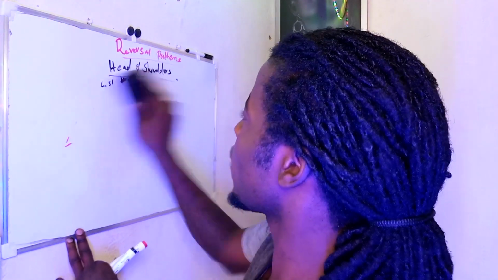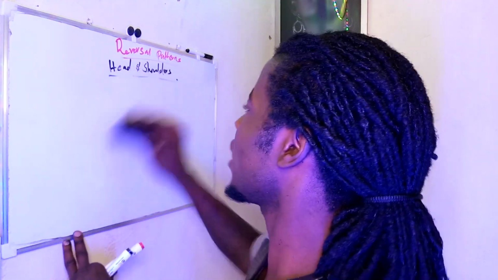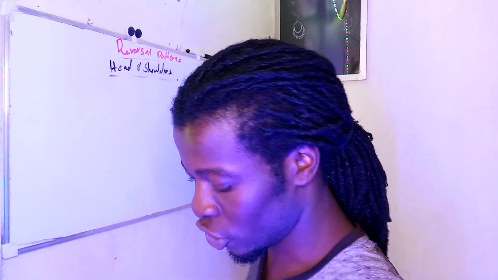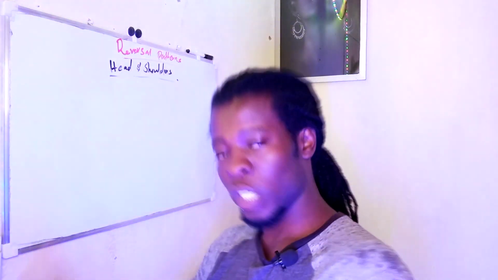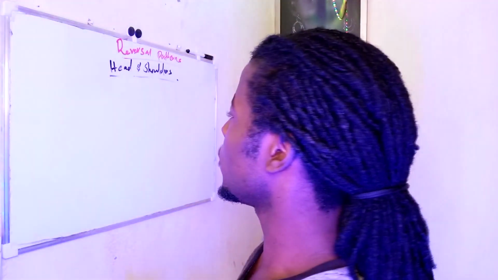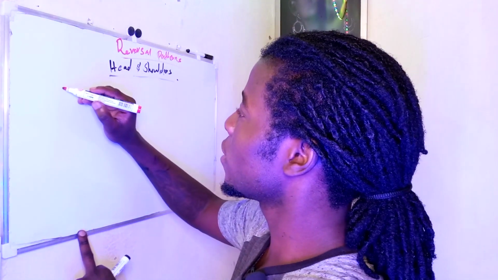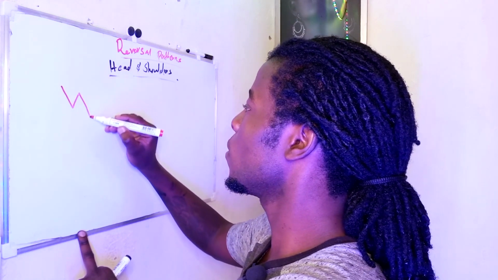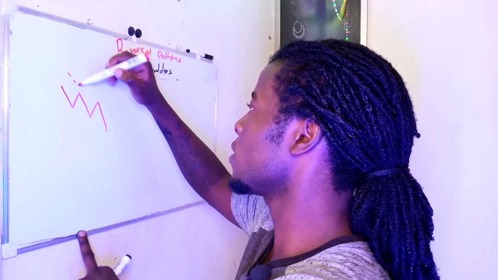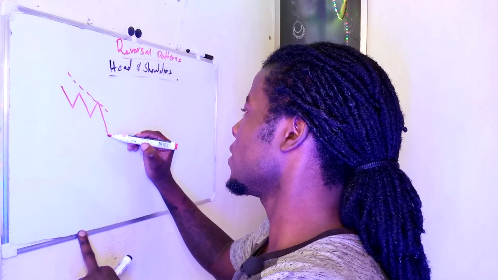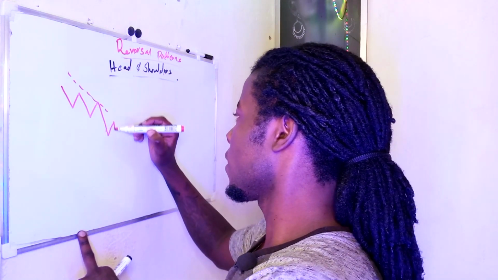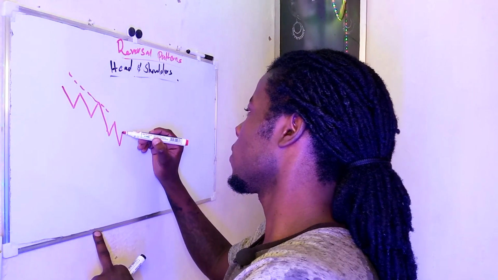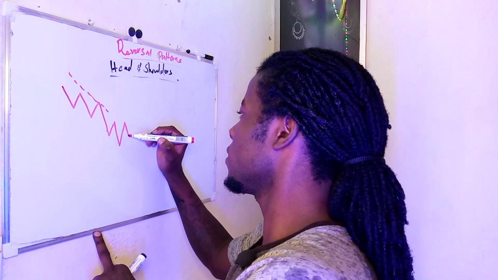Then for the bullish, we have the inverse head and shoulder. Now that is for a bullish reversal. Okay, let's continue. The market was giving us lower low, lower high, lower low, lower high, lower low, and of course this is our trend line. Then the market does this, then does that, comes back, then does this.